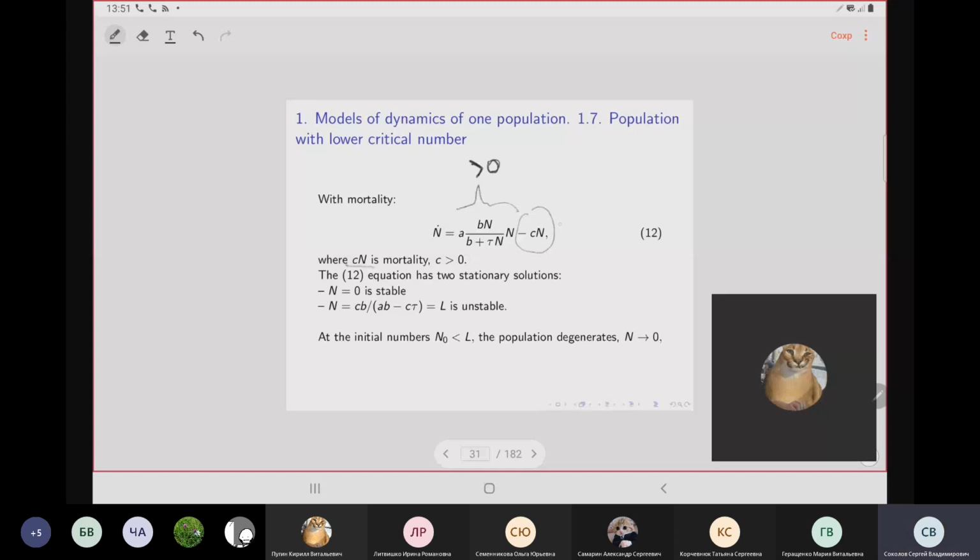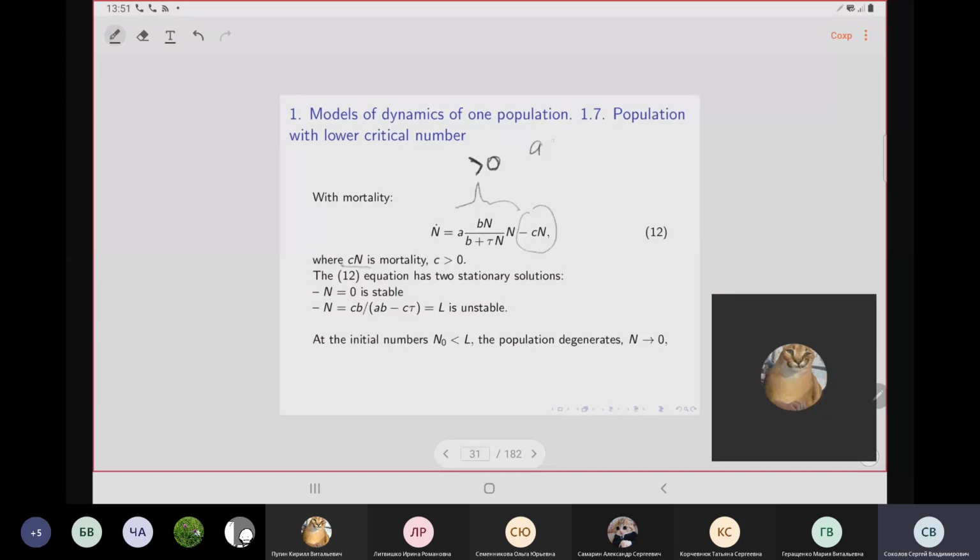So far, we'll see if there are any steady states, and then we can conclude something about their stability. If we want to find the steady states, we have to solve the equation ABn divided by (B plus tau n) minus Cn is 0.